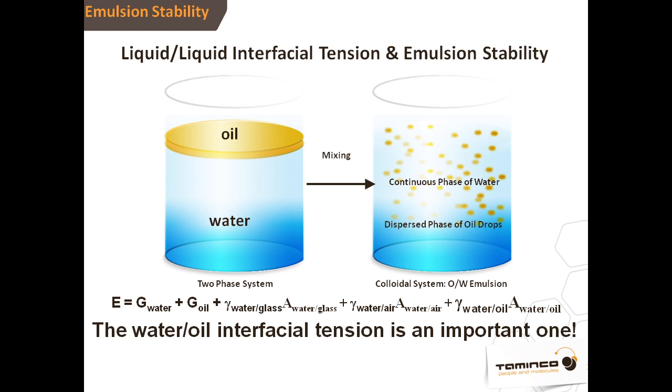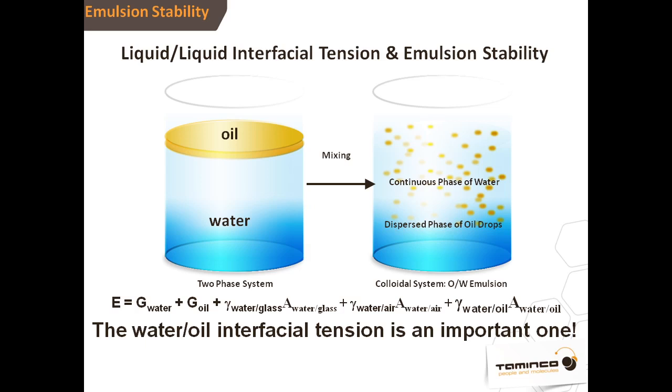Now, the interfacial area between the water and the oil phases is set by the size of the oil droplet. So that can't be changed. Well, it can be changed a little bit by the speed of the stirring, but that's not a variable that we can do much about. But as a formulator, you can ask yourself, how can I minimize the interfacial tension between the water and the oil phase? Because if you reduce that to the minimum level obtainable, you'll have the least driving force for coalescence, so you should therefore have the most stable emulsion.